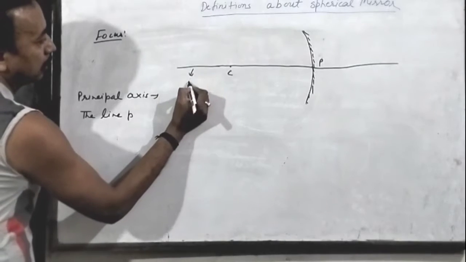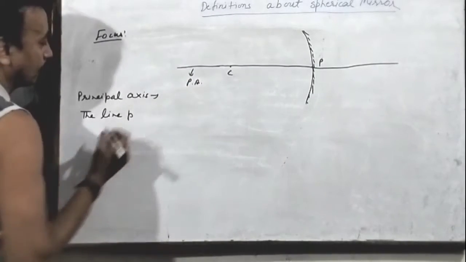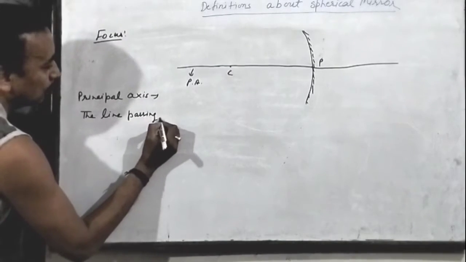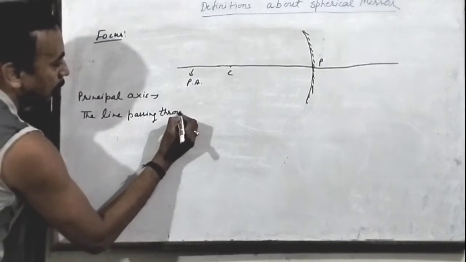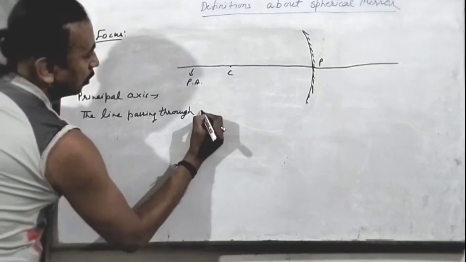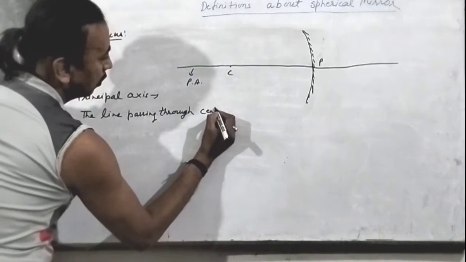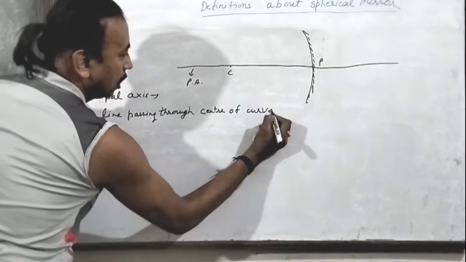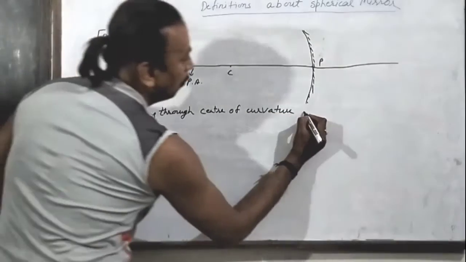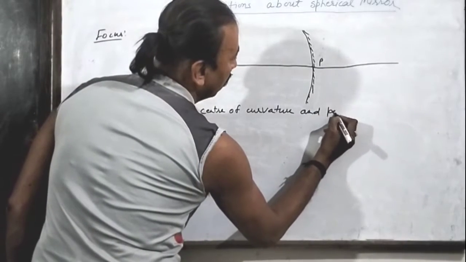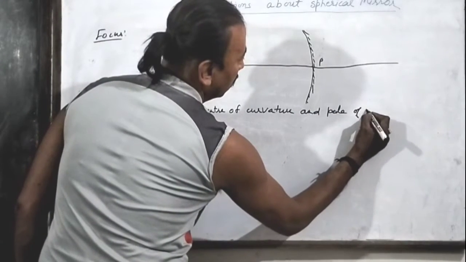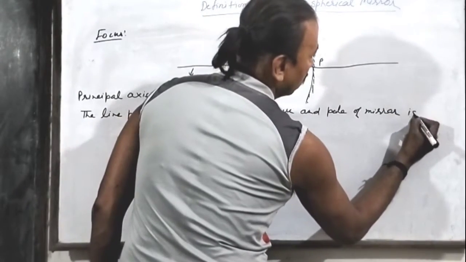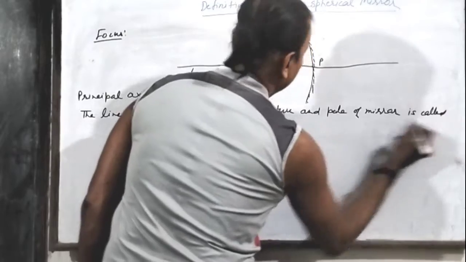This is the principal axis. The line passing through the center of curvature C and the pole of the mirror is called the principal axis.